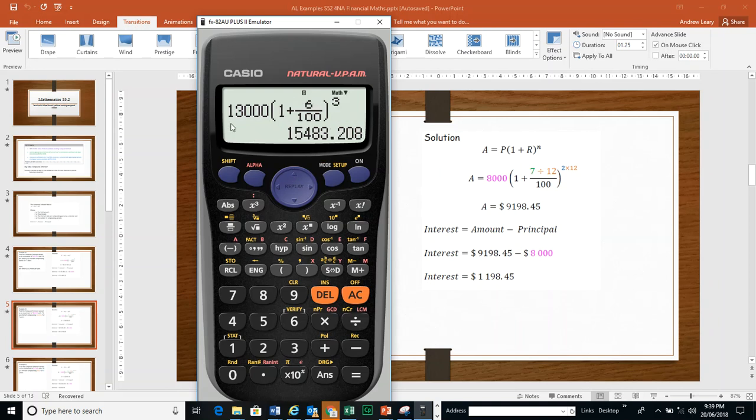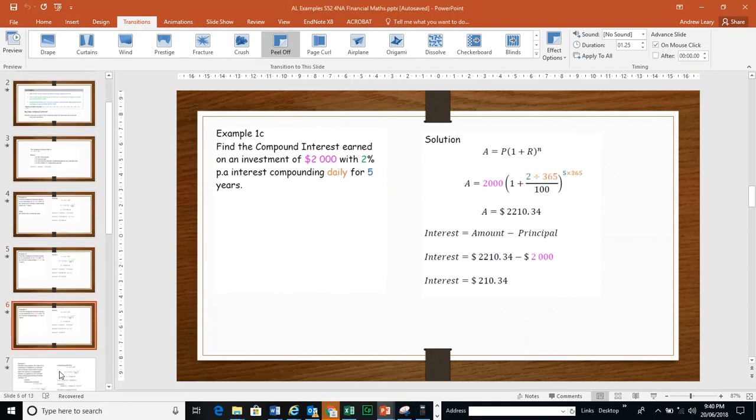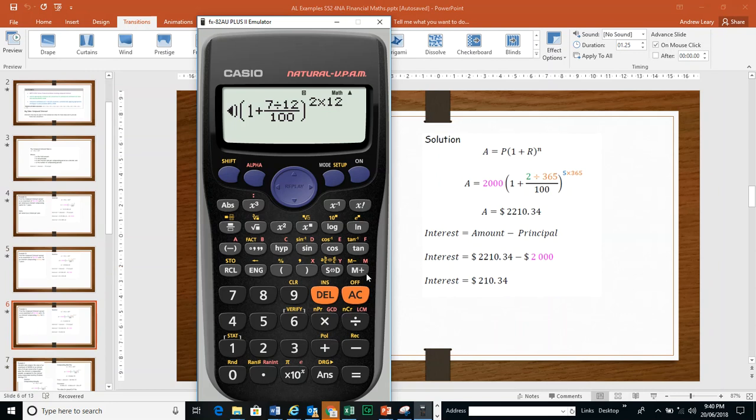So this was the first example, and this was the second. You can actually go back. So we look at the third example, 1C. You can actually use the replay button to change things.